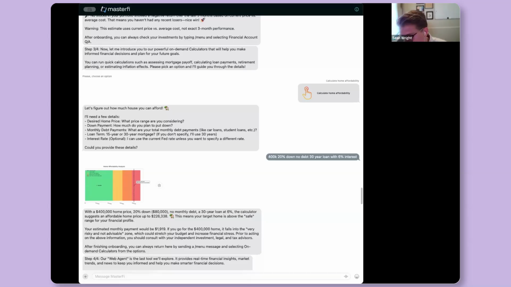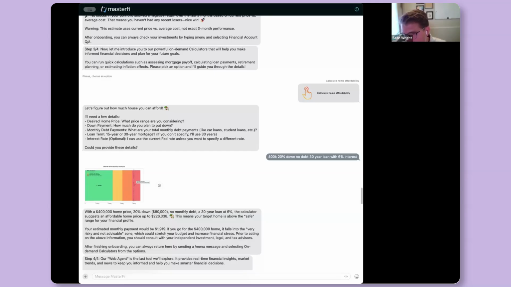The added benefit is that it's integrated with your employee benefits at your company. So it understands what your 401k match is. Some of the other features we're building are understanding all the other employee benefits that are attached to you as a member of your company.